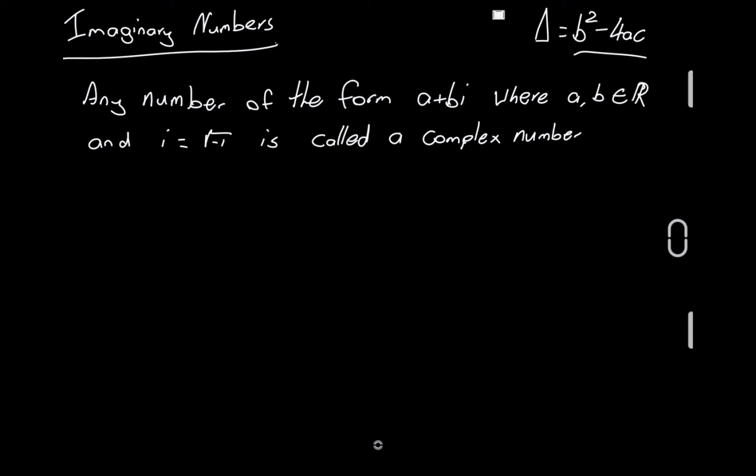So we've sort of come across the concept of these imaginary numbers before. We just haven't really given a name to them or really looked at them. Now, where did all this come from? Well, in 1572, a mathematician by the name of Raphael Bombelli defined the imaginary number i as being equal to the square root of minus 1, and we call it imaginary because we can't actually place it on any number line or any real number line.